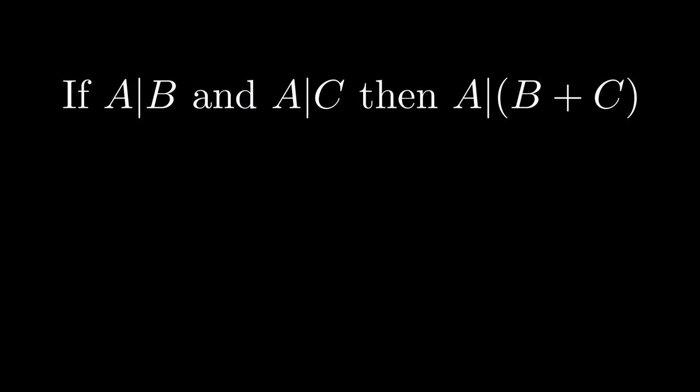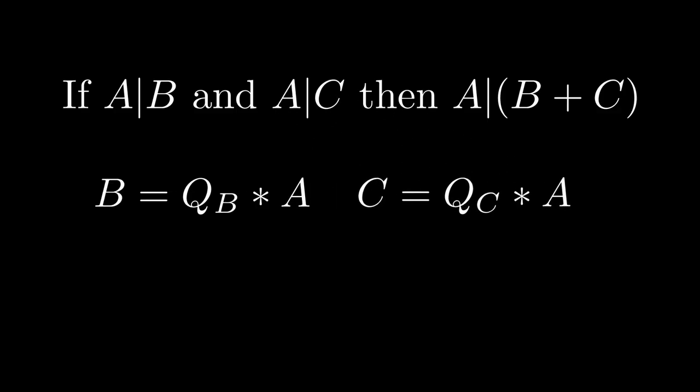First, because we know a divides b, we can rewrite the problem as b equals q times a, and we'll call it qb to show it's the q associated with b. We can do the same thing with c and get c equals qc times a.